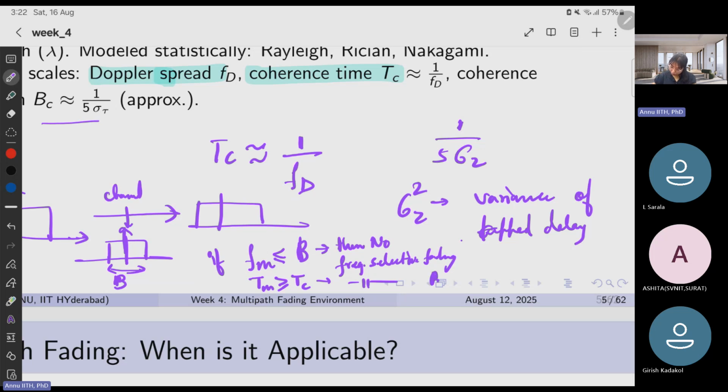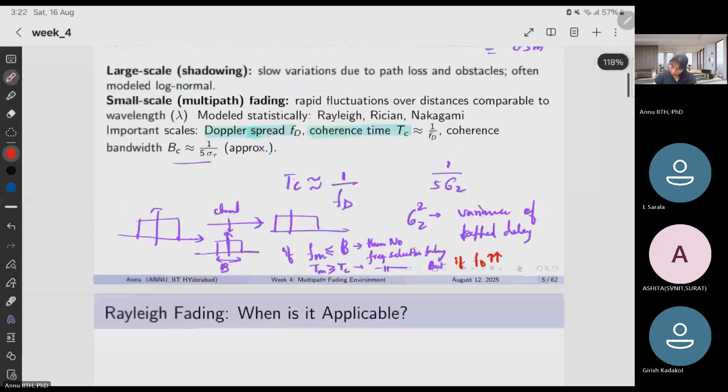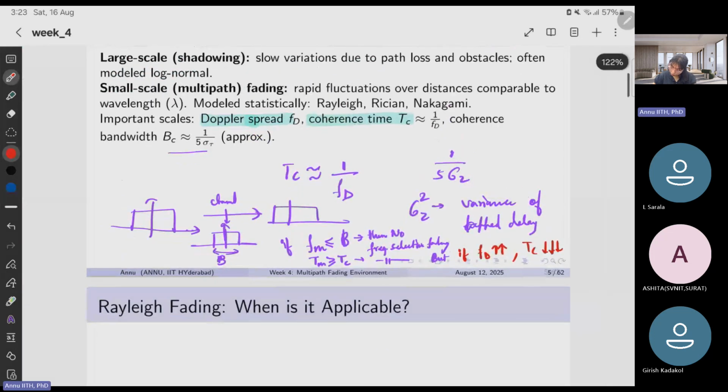But if f_D is high, then T_C will be low. If T_C is low, then the message signal has to have a lower bound, and in that case it is very difficult for the signal to transmit.